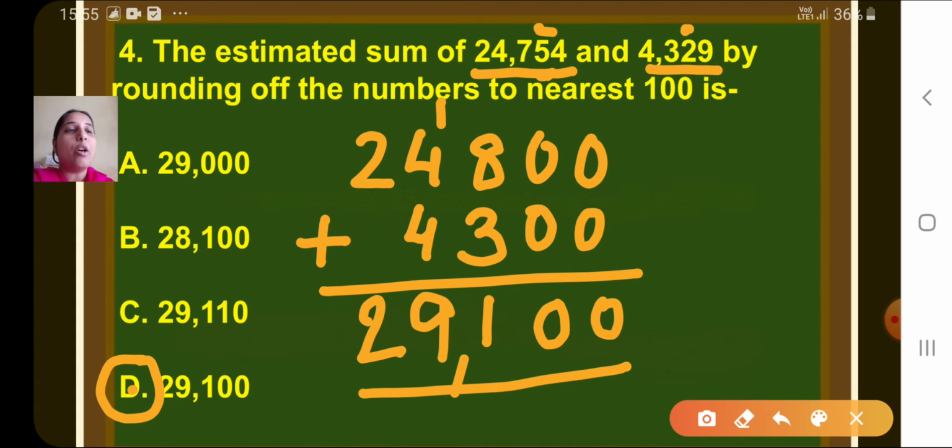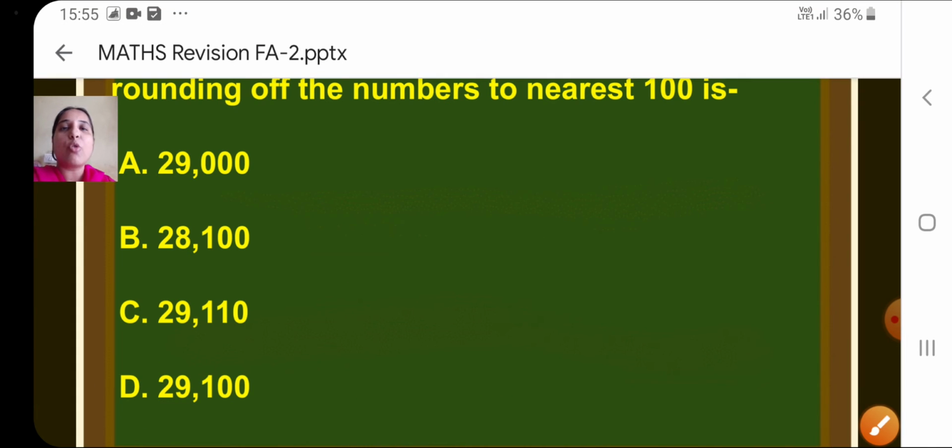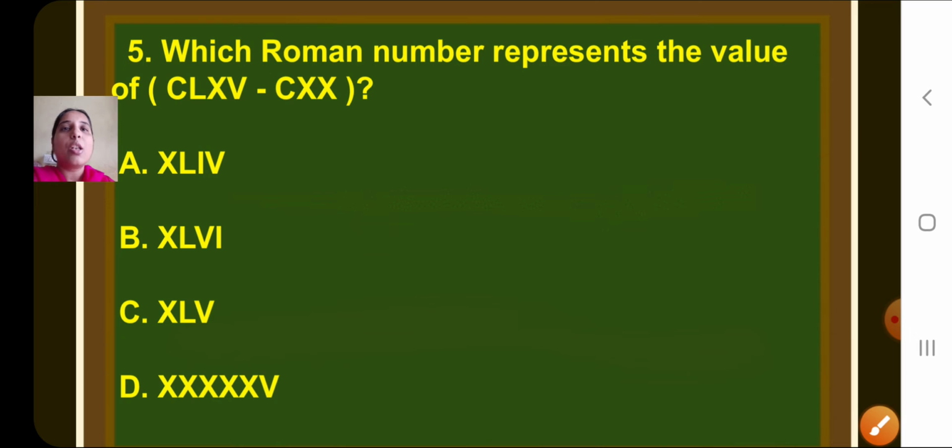Okay. Now let's move to the next question. So question number 5 is, which Roman number represents the value of CLXV minus CXX? So first we have to convert this Roman numeral to Hindu-Arabic numeral. Then we have to find the difference, and then we have to write the difference in Roman numeral.